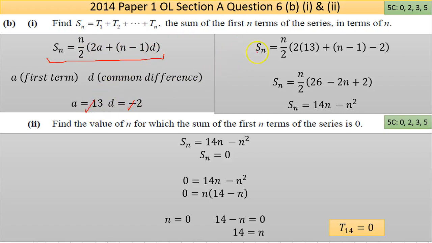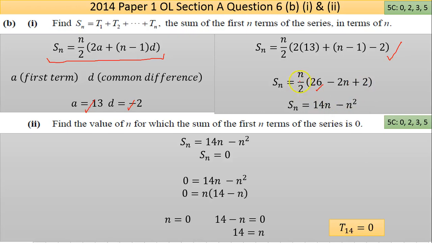So S of n is equal to, if I put the 13 in for a and the minus 2 in for d, I've done that here, correct substitution. 2 13s is 26, plus, now I'm multiplying the minus 2 into both terms. Minus 2 by n is minus 2n, minus 2 by 1 is plus 2. Add them together, 26 and plus 2, you get 28.